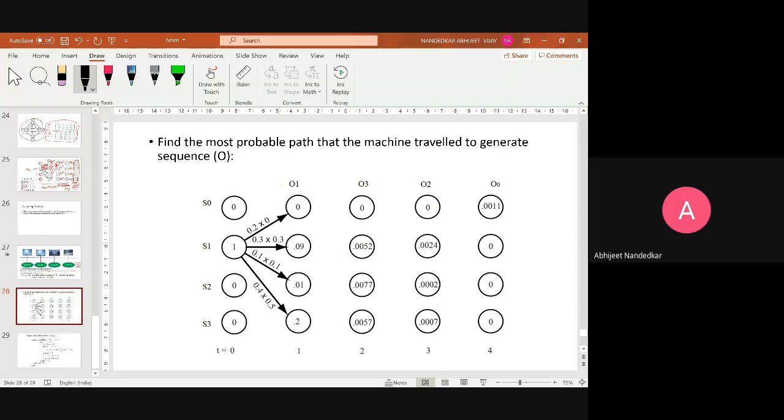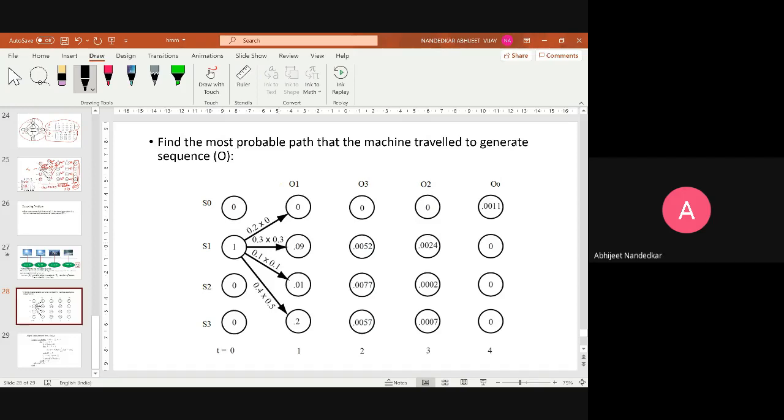So S1 for time step 0 produces the maximum value of alpha, that is 1 here. Then when I go to time step 1, S3 is producing the largest value. So this transition from T0 to T1 is from S1 to S3.